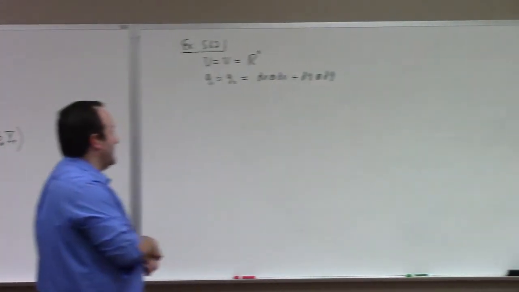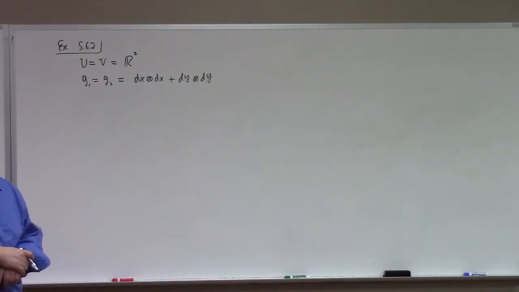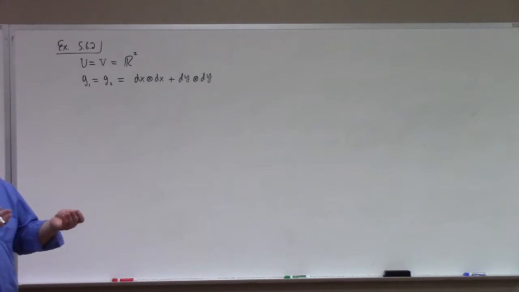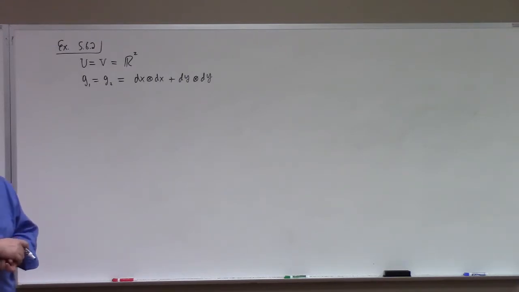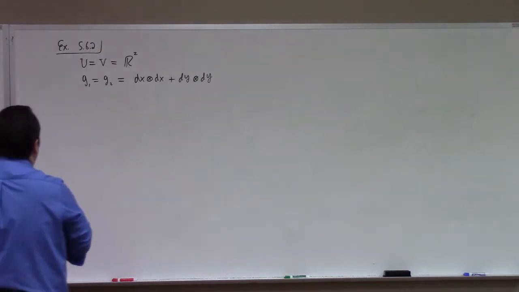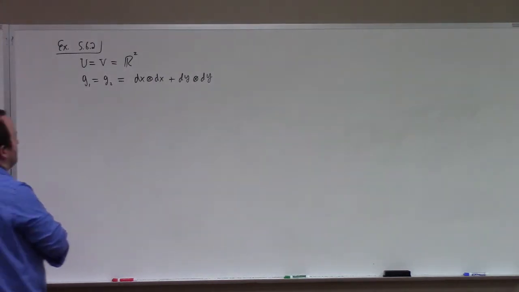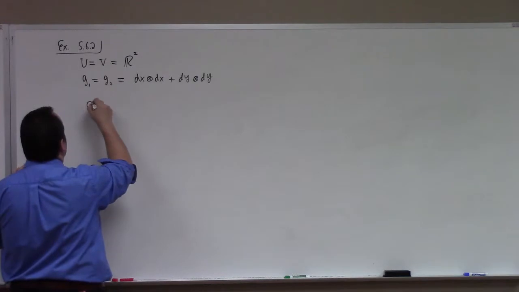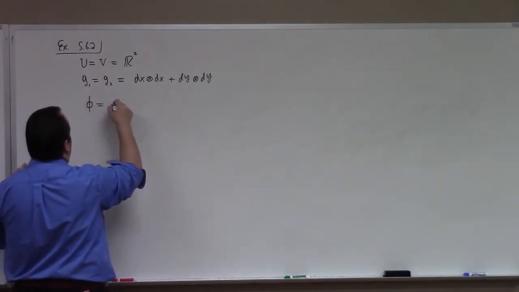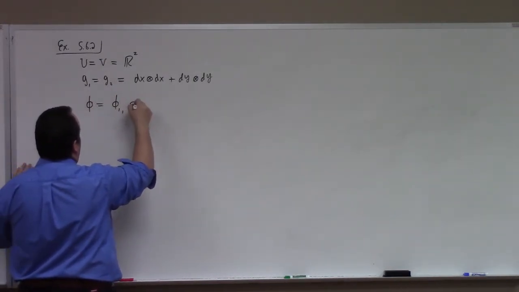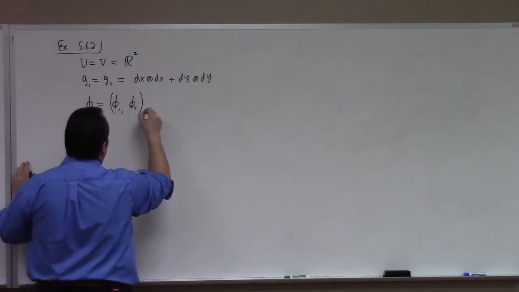For most things we've been doing lately, when you do this, nothing interesting happens. Well, that's not entirely true, we reproduce the ordinary parallel transport. But this is a little more interesting. If we have phi, let's suppose it is equal to phi1, phi2.